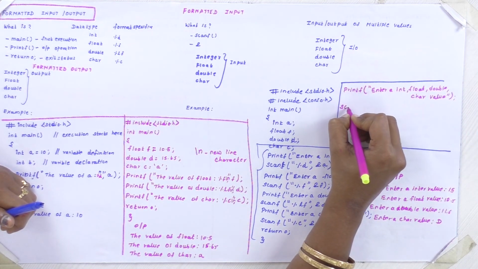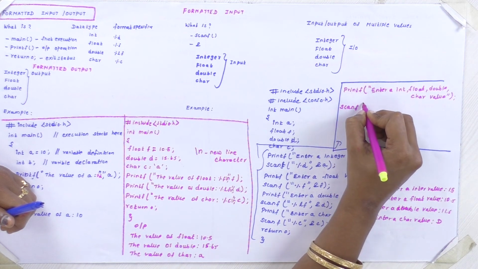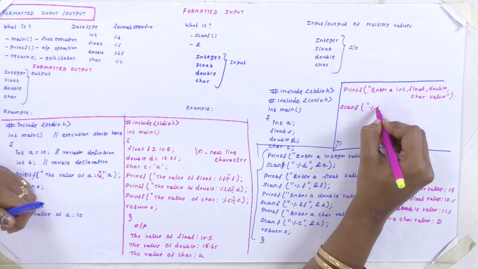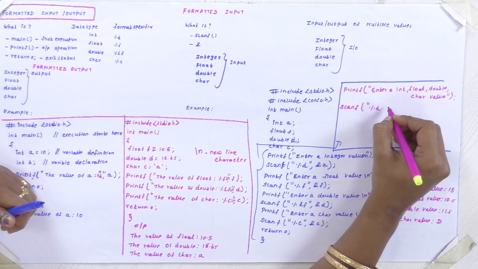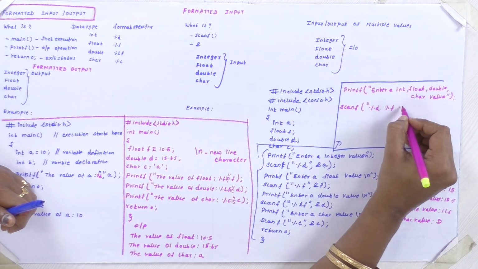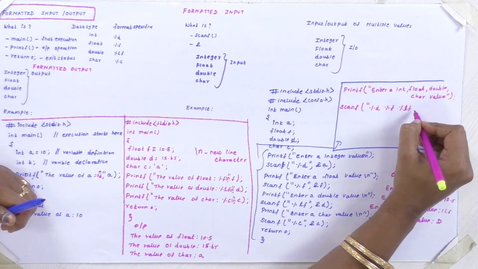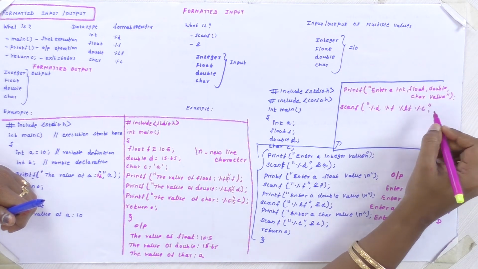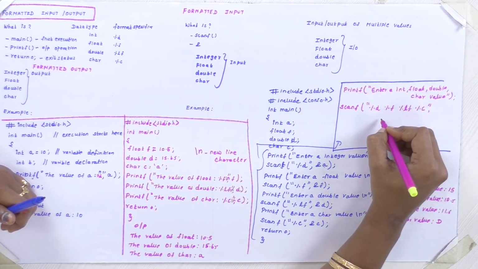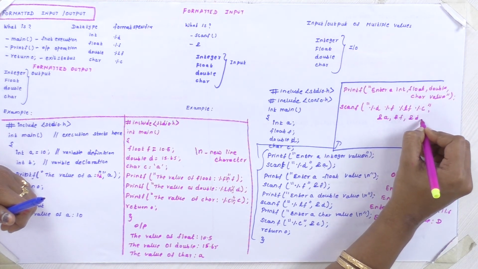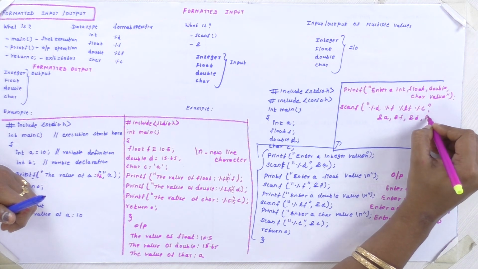Here I am asking for the values. First I need an integer value, so %d. Second a float value, so %f. Third a double value, %lf. Fourth a character value, %c. So I need to allocate addresses for these variables: &a, &f, &d, &c.